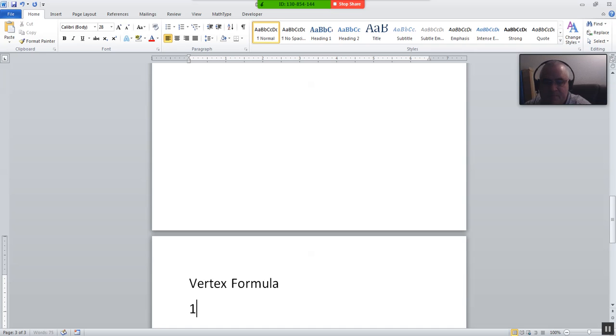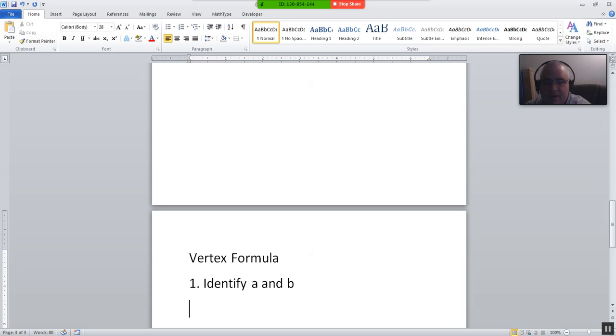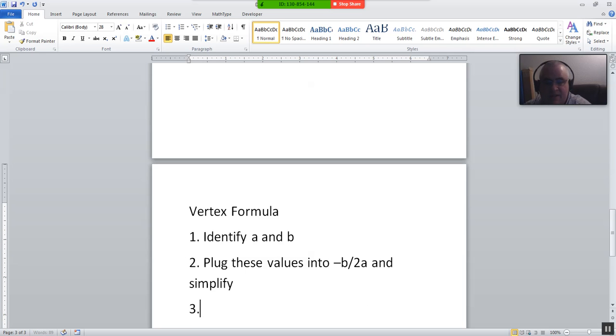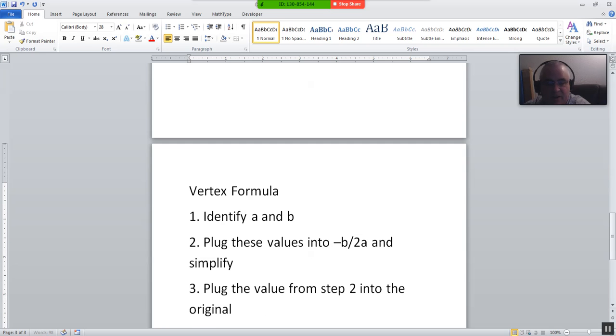Vertex formula. Step 1 is to identify a and b. Step 2, plug these values into negative b over 2a and simplify. Step 3, plug the value from step 2 into the original function and simplify.